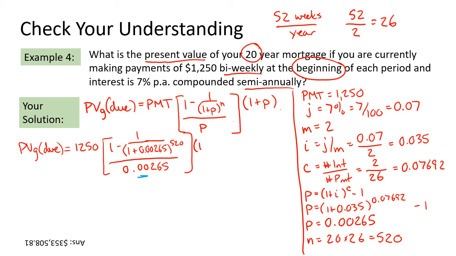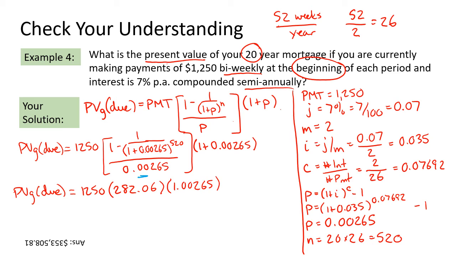Your last term is 1 plus, again, the equivalent rate of interest, 0.00265. Okay. If you calculate each of these numbers out, you should get 1,250 multiplied by everything within this bracket's terms is 282.06. And then lastly, 1.00265, just adding those two terms together.